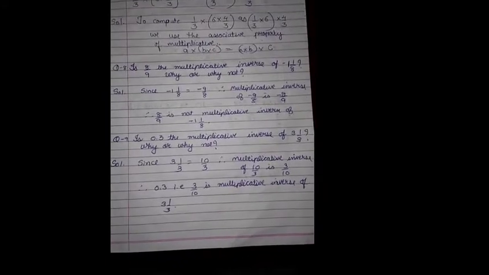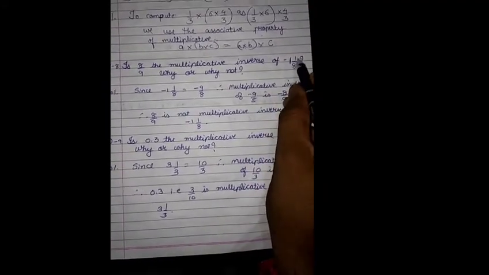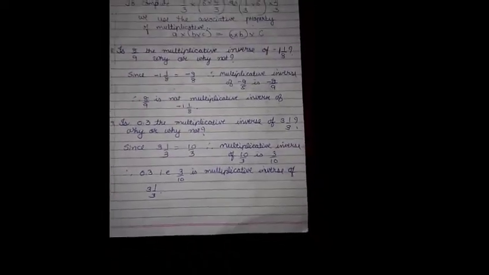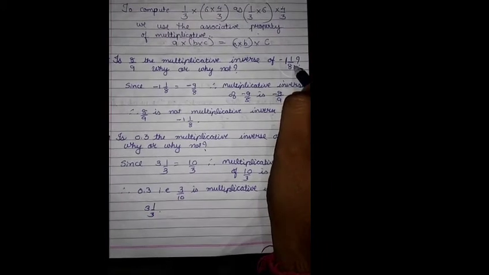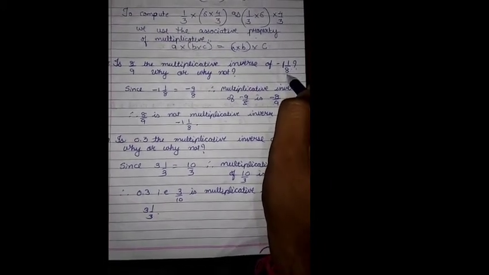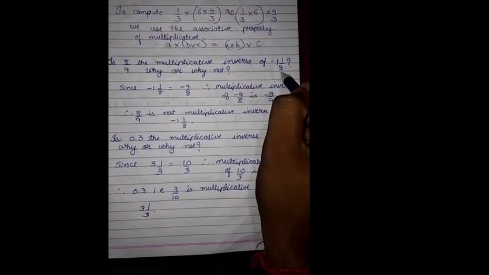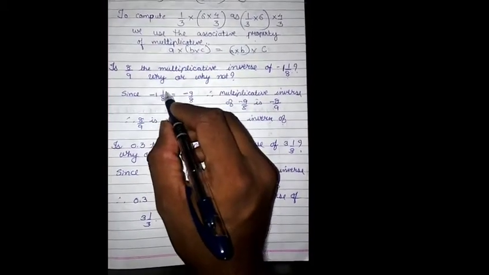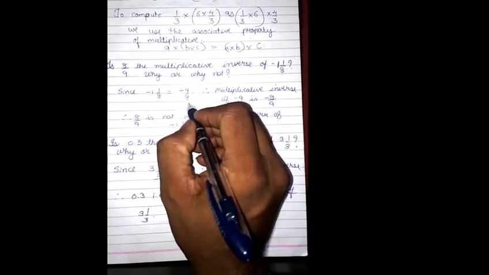Now let us move toward the next question: is 8 upon 9 the multiplicative inverse of minus 1 integer 1 upon 8? Why or why not? First, how to check whether 8 upon 9 is the multiplicative inverse of this. No doubt you have to convert this mixed fraction into an improper fraction. So 8 ones are 8, 8 plus 1 is 9, minus 9 upon 8.